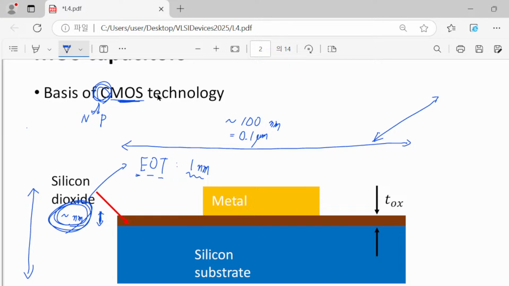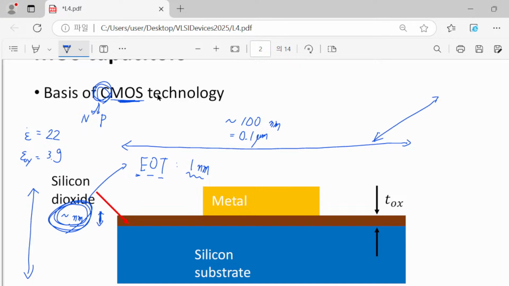Usually we use hafnium oxide, whose relative permittivity is around 22, and for silicon dioxide, how large is it? It is about 3.9. So you can find that there is a 5 or 6 times difference between the permittivity of hafnium oxide and pure silicon dioxide.